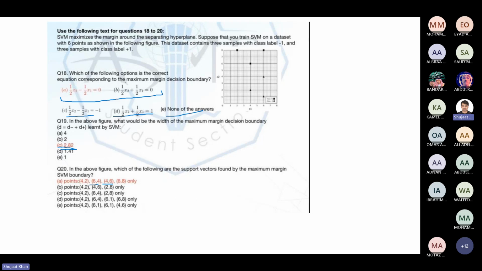So which of the following options is the correct equation corresponding to the maximum margin decision boundary? The equation which represents this line. Okay, so let's calculate this line, a x1 plus b.